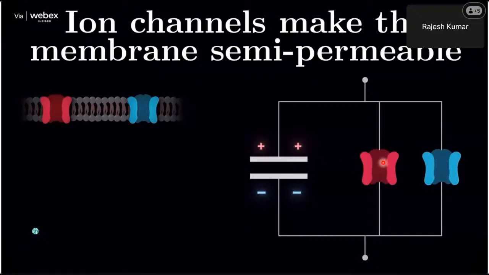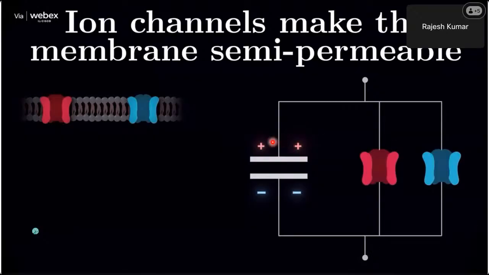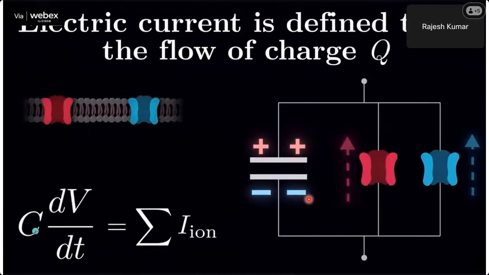But if I have ions, I put two ions here, okay. So if they allow, they allow the movement of these positive and negative ions. Okay. So the current, we know what the current is from the first equation, and then these ions, because the current flows through these ions.